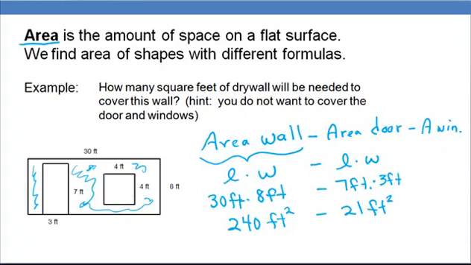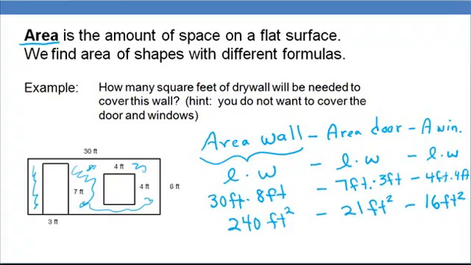And area of the window, it's a square, but that's just a special rectangle. So it's still going to be length times width. And that will be 4 feet times 4 feet, or 16 square feet.